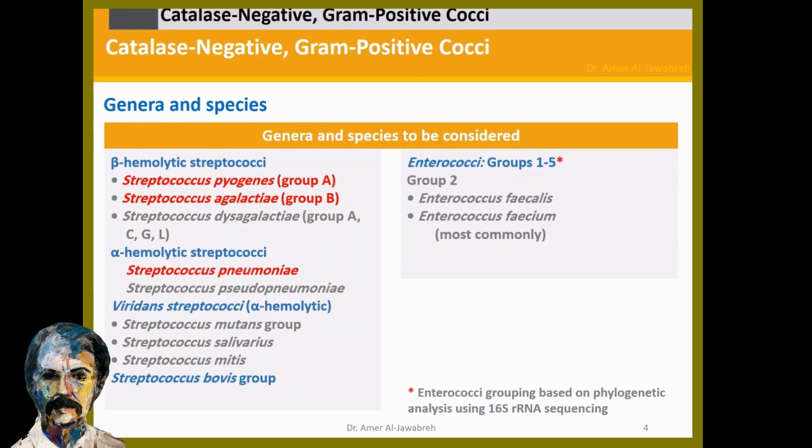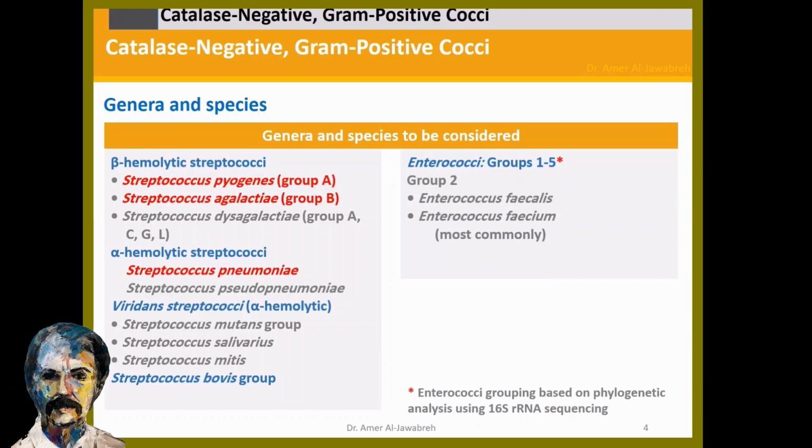We are interested in streptococci in general, but we are interested in these three red ones in particular because we focus on these as they are of medical importance: Streptococcus pyogenes, group A, Streptococcus agalactae, group B, and Strep pneumoniae, and sometimes enterococci.